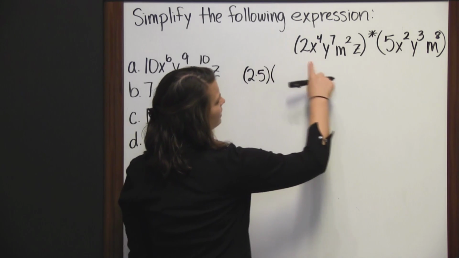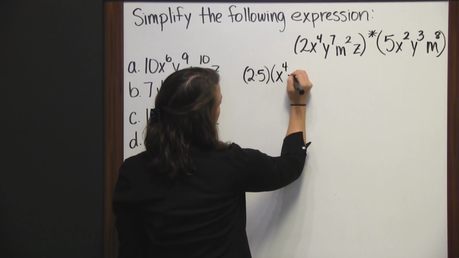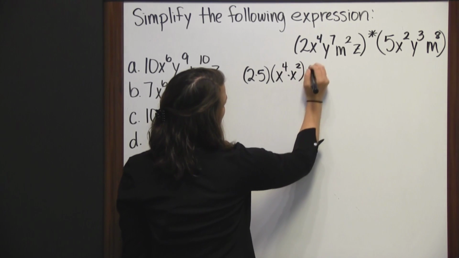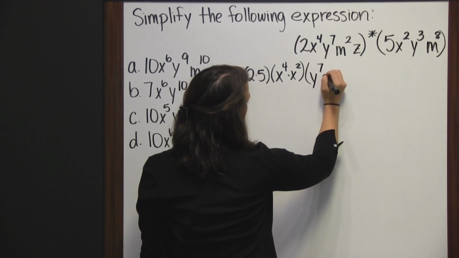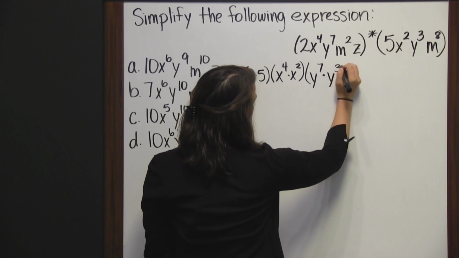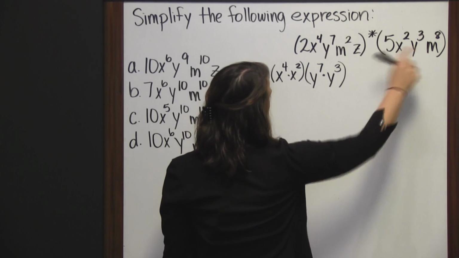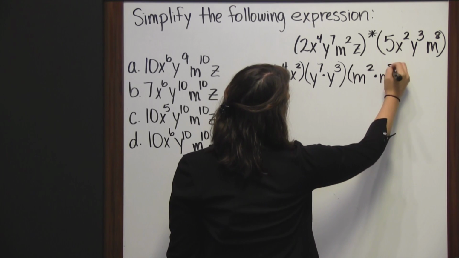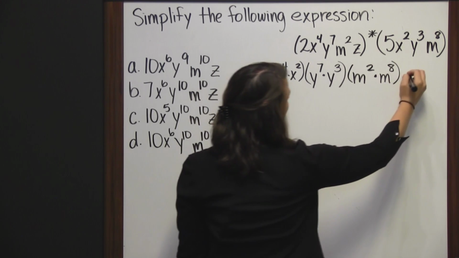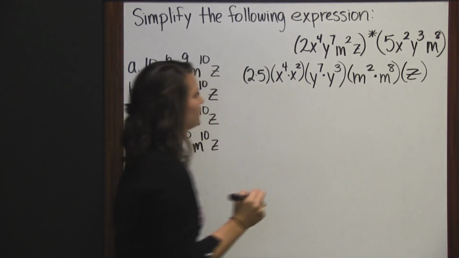And then I've got this x to the 4th times the x squared. And then we have y to the 7th times y cubed. And then we have m squared times m to the 8th. And then finally we just have this z, so times z.